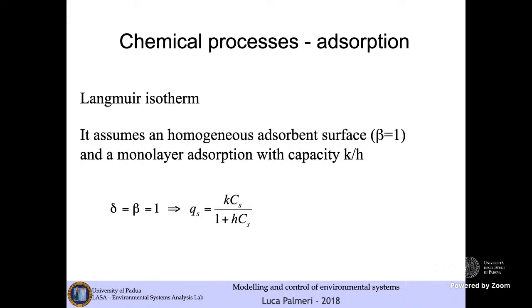Another case that may be derived from the general isotherm model that we have introduced is what is called the Langmuir isotherm. The Langmuir isotherm assumes a homogeneous adsorbent surface, so the exponent beta is posed equal to 1, and a monolayer with a capacity K over H. So the Langmuir isotherm describes a homogeneous adsorbent surface.